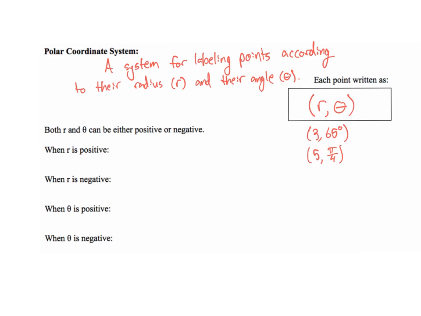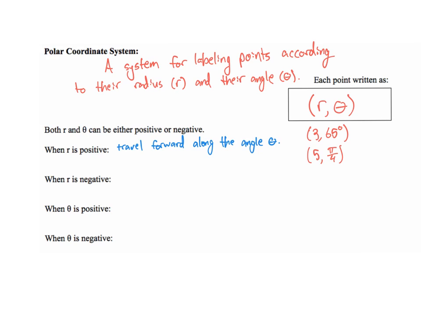Okay, let's talk about some different definitions or some little tweaks that you might see to polar coordinates as you graph these. So some big things. When r is positive, you travel forward along the angle theta.